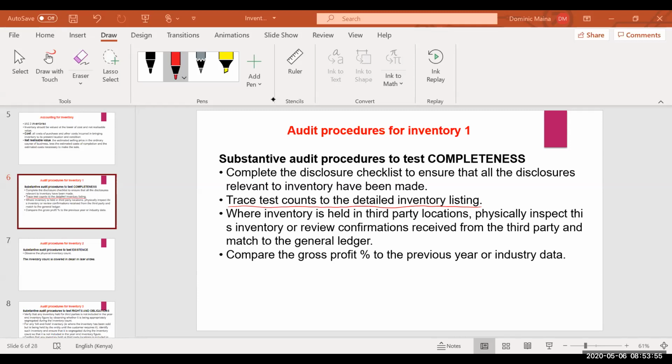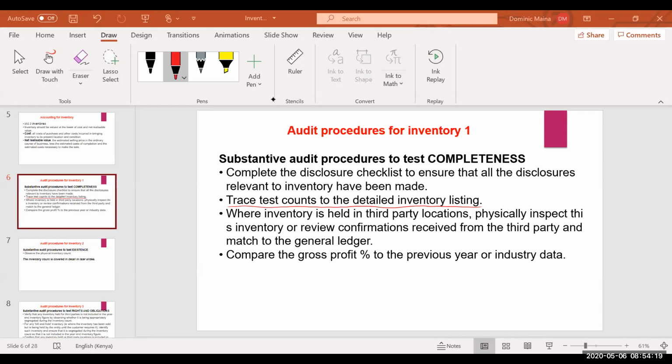If the company is becoming worse off, why is that the case? Maybe the industry is becoming too competitive. There needs to be something that supports that figure. If not, there could be misstatements that you may want to understand quite well as an auditor. So compare the gross profit margins of this year and the previous year, or this year versus the industry.